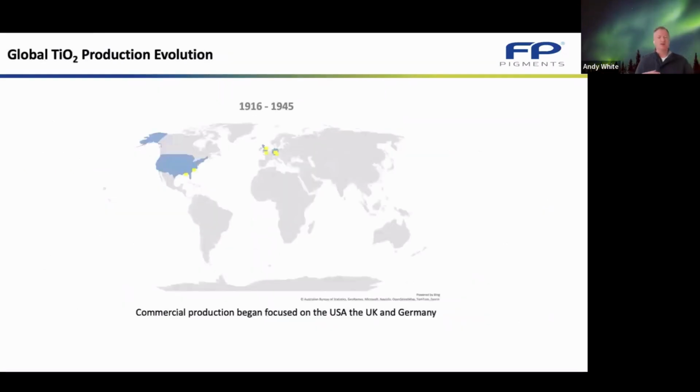And just to give you a feel for how that evolution in titanium dioxide happened, I've drawn a little map here of where the plants were. Back at about 100 years ago, titanium dioxide was born in Europe, largely in the UK and Germany, and in the United States. And so that's where all of the production was up until the start of the Second World War.